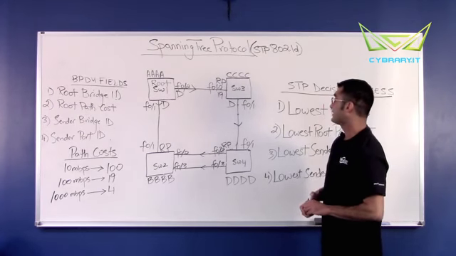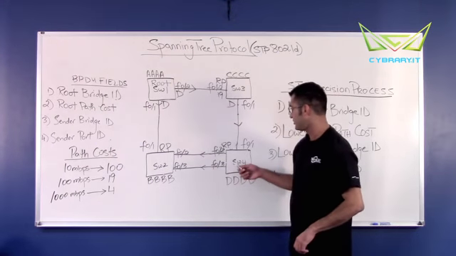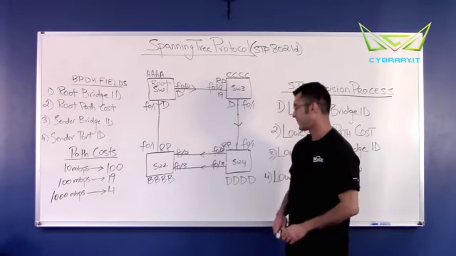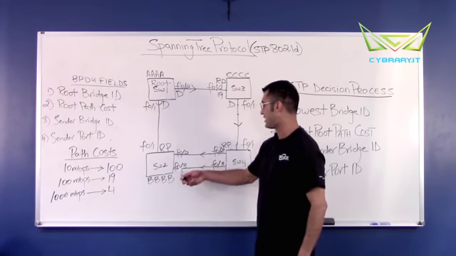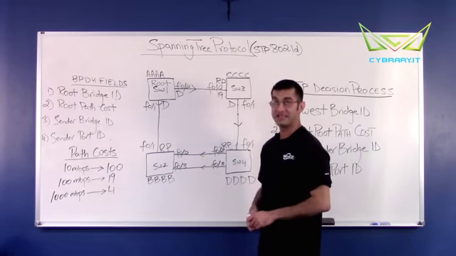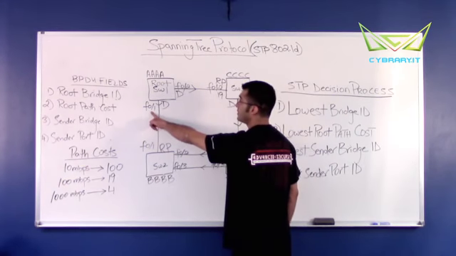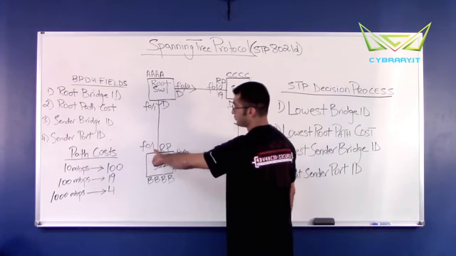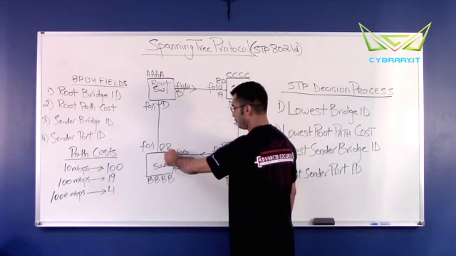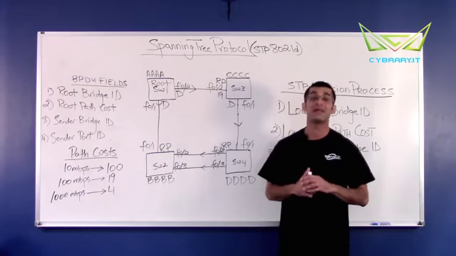Now let's look at the last 2 segments between switch 4 and switch 2. The root path cost at switch 2 F0/2 and F0/3 is still 19. It was 0 as the BPDU left F0/1 of switch 1, the root, and it got incremented to 19 at switch 2 F0/1. And when the BPDU leaves switch 2 F0/2 and F0/3, the cost is still 19.